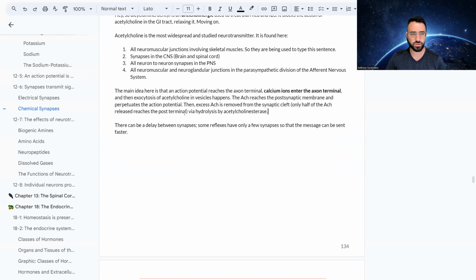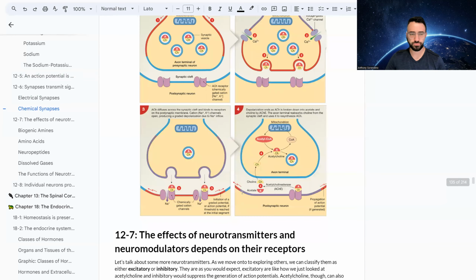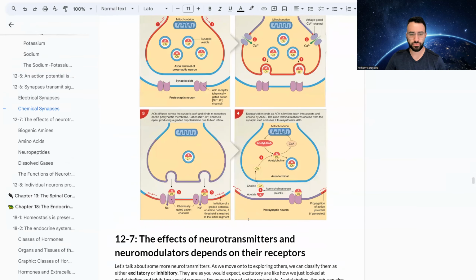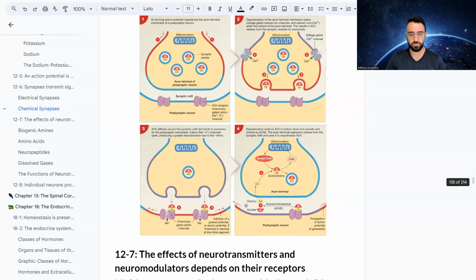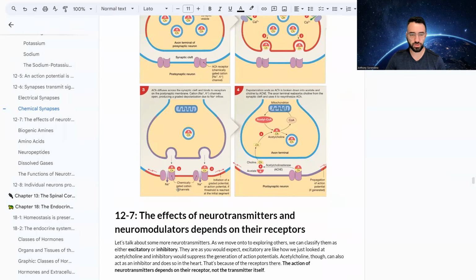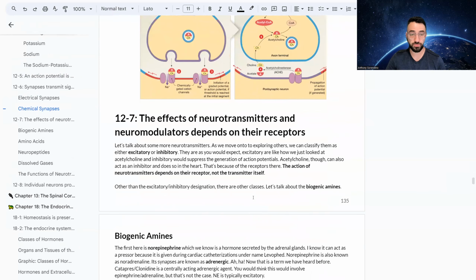Yeah, only half of the acetylcholine released reaches the post-terminal. All right. So that's pretty much it. We have these chemically gated cation channels here, and then the sodium can continue to propagate, and we can go to the next neuron if needed.